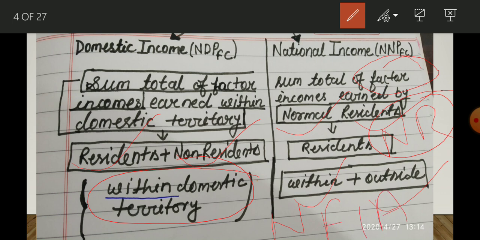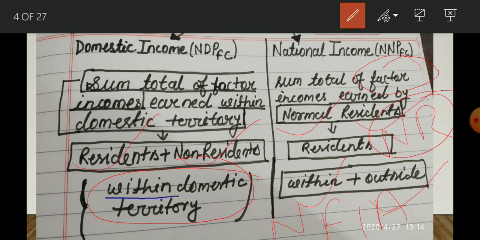So in India, Indians are doing productive activity, and foreigners also come and do productive activity. In the domestic concept, we include both incomes, Indians as well as foreigners.